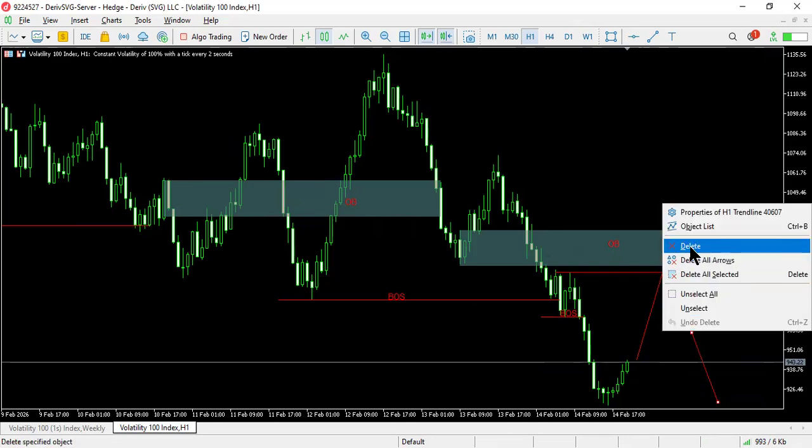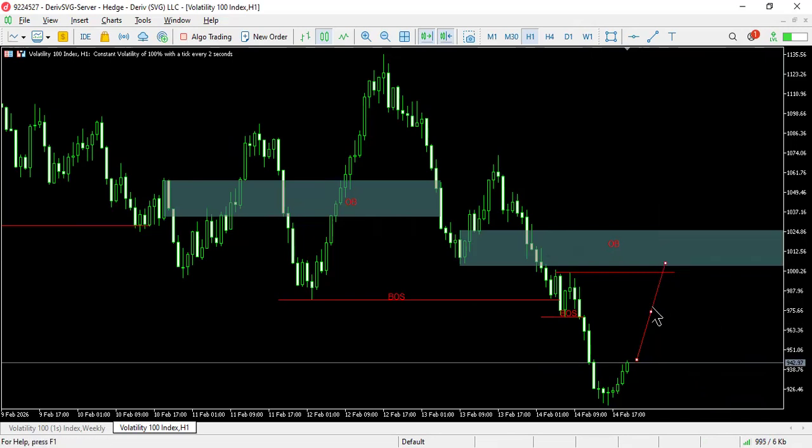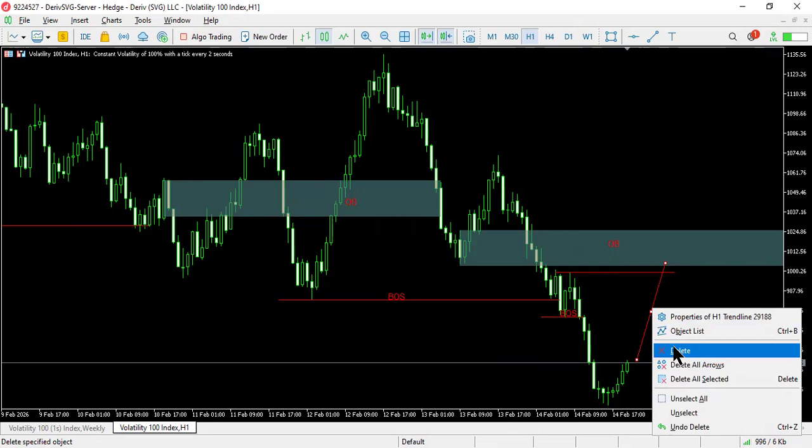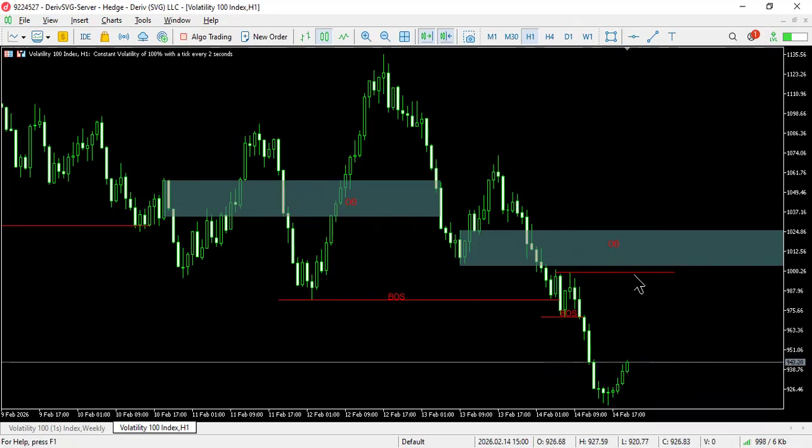So I'm going ahead to place my sell limit. As you can see, price is quite far from that order block, but we are going to be patient and wait for it.